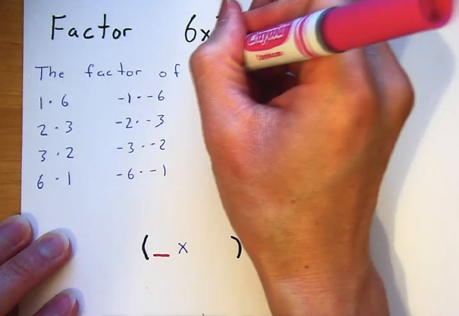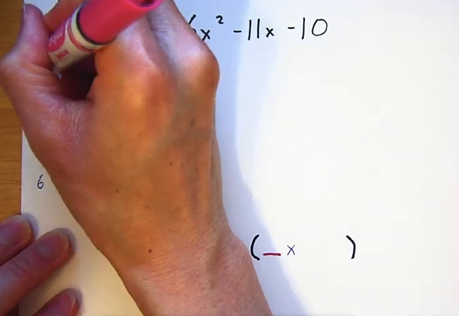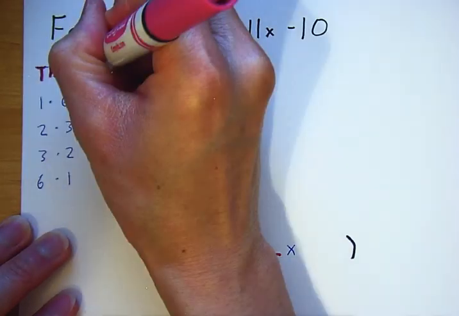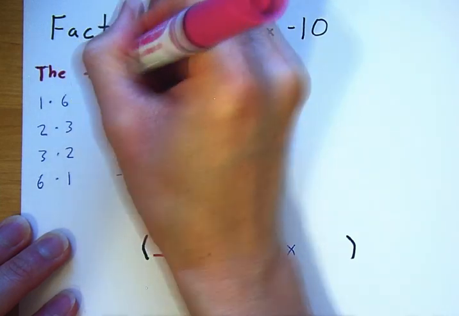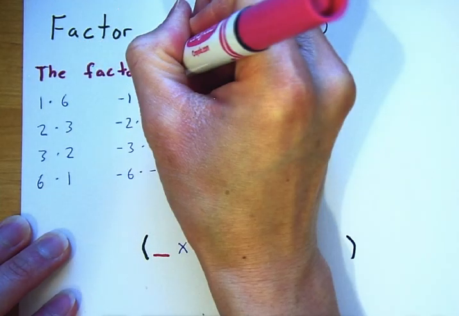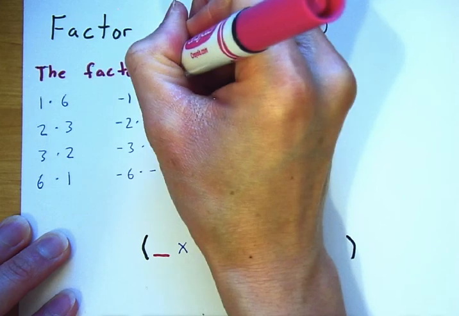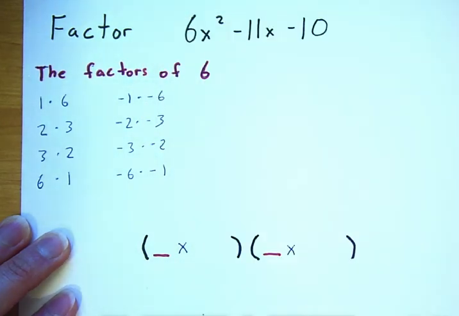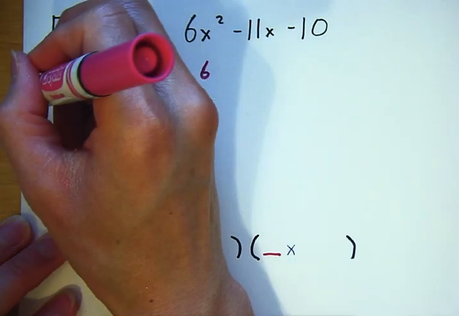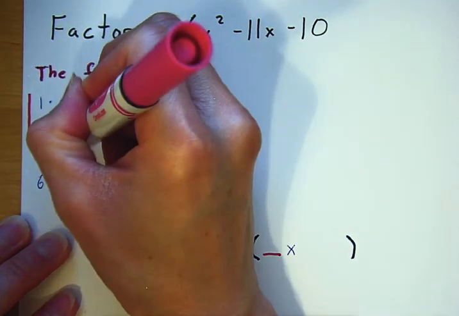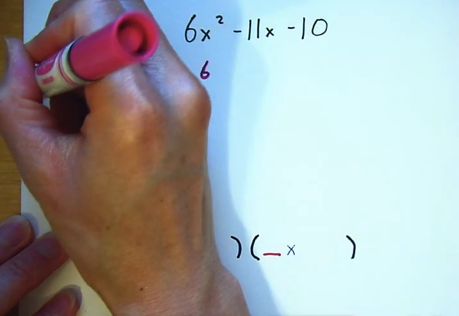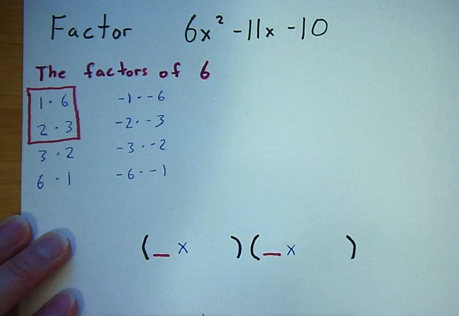And these are for the factors of 6. Okay, so of these two, pick one of them.